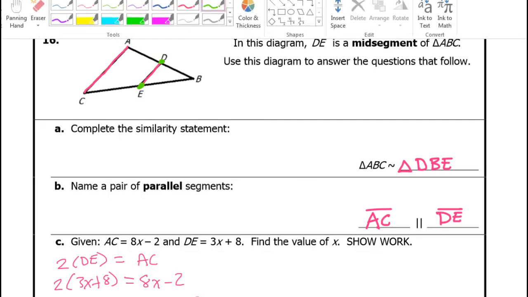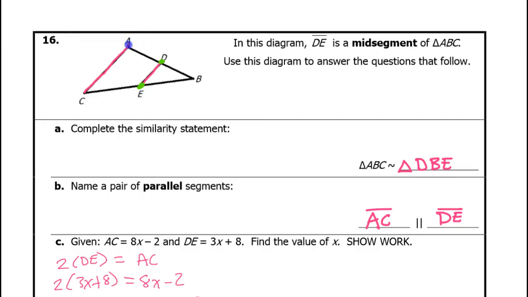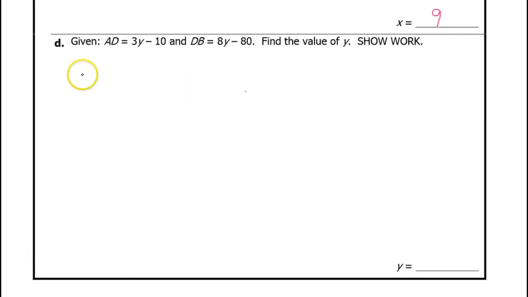So if point D is a midpoint, then that means that AD and DB are congruent. So these should have equal length. So that's why I can take 8y minus 80 and set it equal to 3y minus 10.